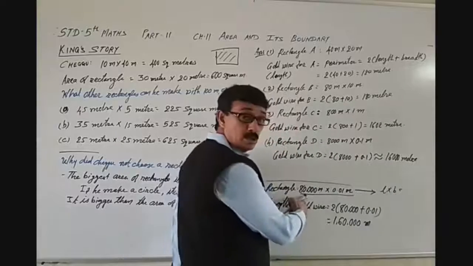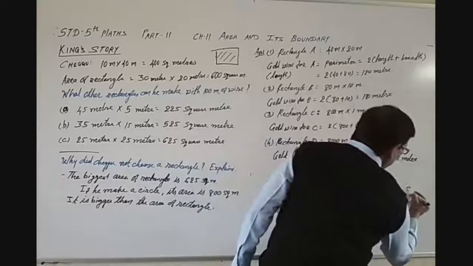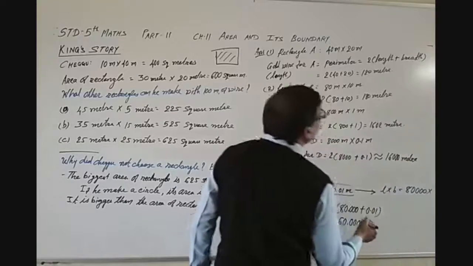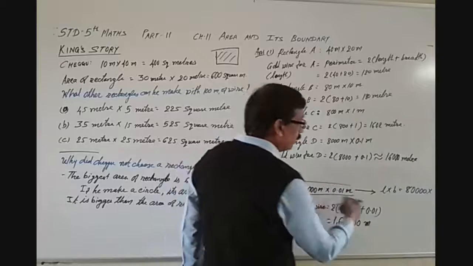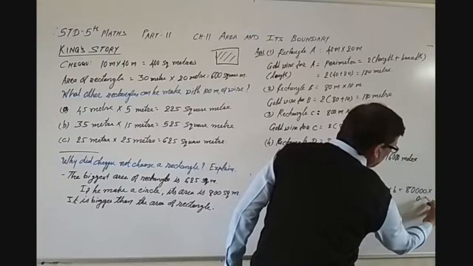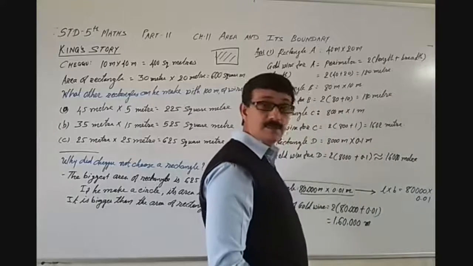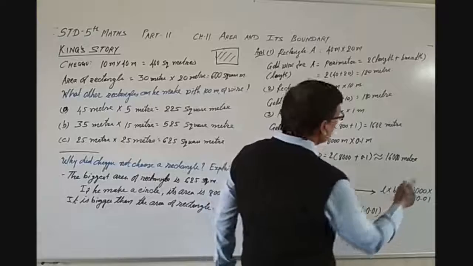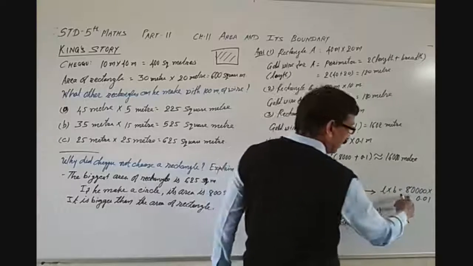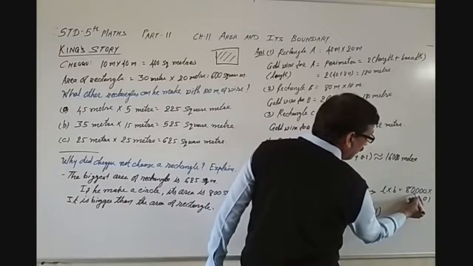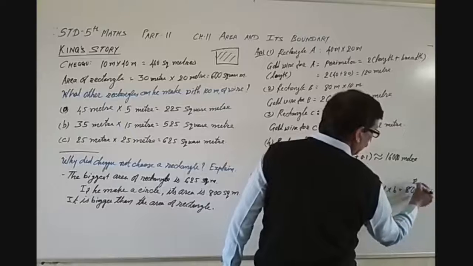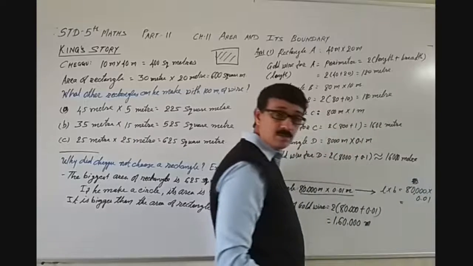So length is what? 80,000 multiplied by breadth, which is 0.01, isn't it? Is equal to, say, it may be outside of this boundary. That is why I am writing over here. So 80,000 multiplied by, this is length, this is breadth. Okay, is equal to what?